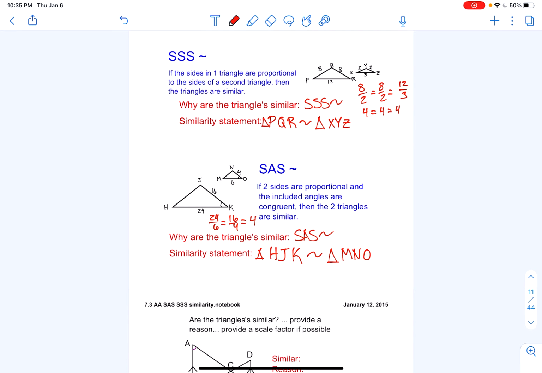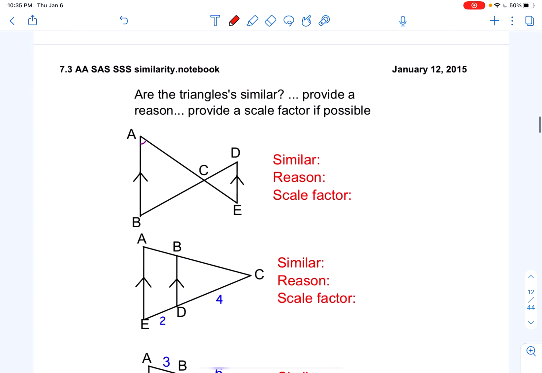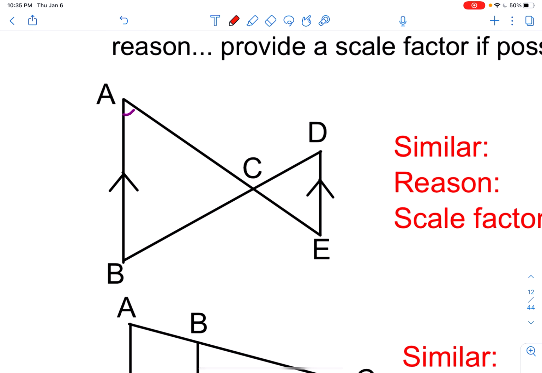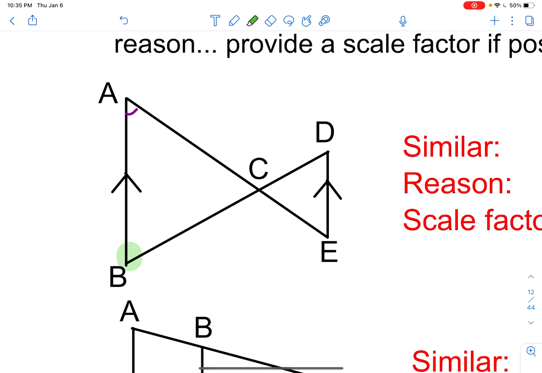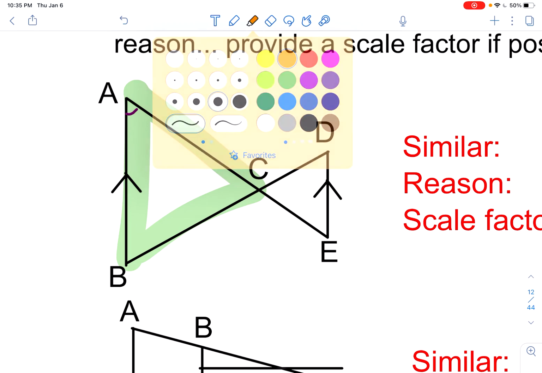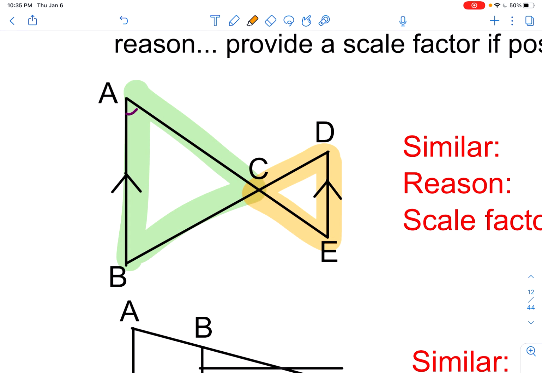All right. And this is similar to what your homework is going to look like. So looking at these two triangles, I see this triangle and I see this one. Are they similar? Well, when we see parallel lines, we should automatically think alternate interior angles.